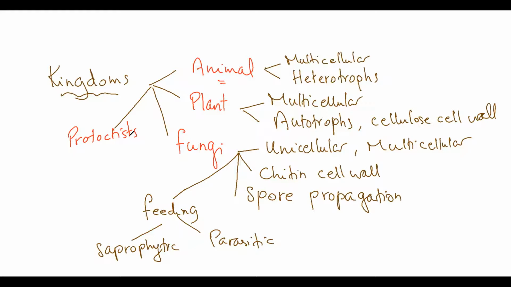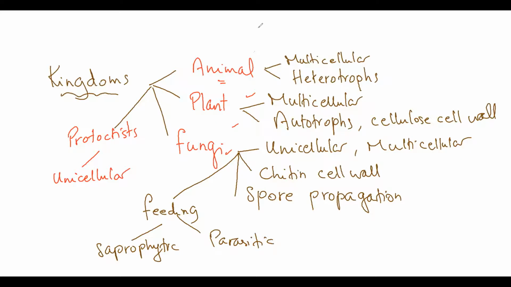So he decided to gather them all together to put them in a separate kingdom. That's why we say that the Protoctists have high diversity. And these are single-celled organisms, of course, unicellular, and they gather characteristics from all.